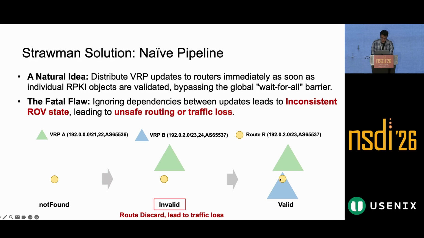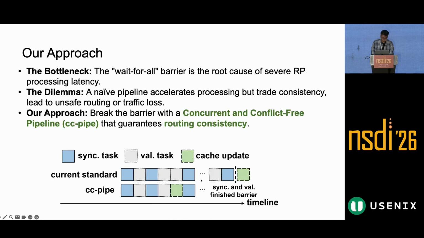If we simply distribute VRP-A first, the route R will be treated as invalid for a while and lead to traffic loss. So the bottleneck is the wait-for-all barrier, but we can't sacrifice consistency for efficiency by using a naive pipeline. And to break this dilemma, we propose this pipe, a concurrent and conflict-free pipeline. Our approach is to achieve the high performance of pipelining while guaranteeing routing consistency.